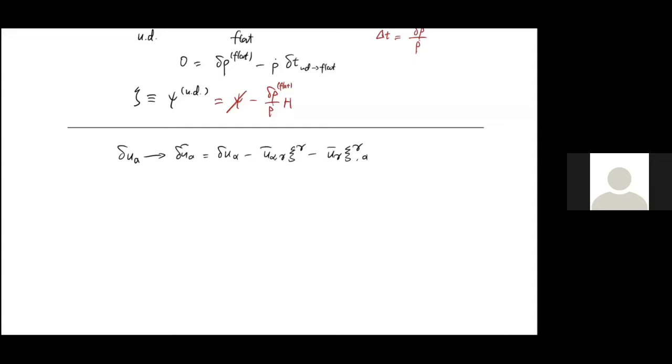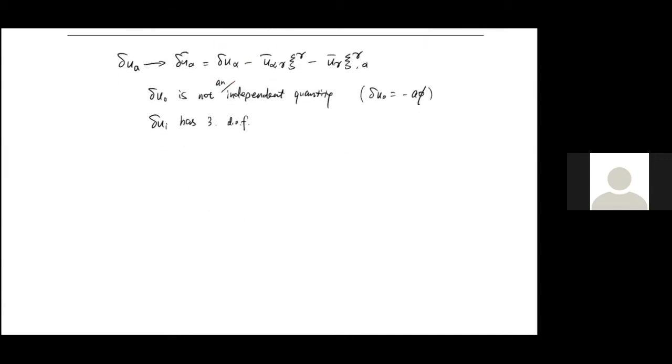Anyway, as we have shown, delta u naught is not independent. But delta u i is, and has 3 degrees of freedom. Let me just write it here. This is because we said this is a minus a phi. We have derived this sometime earlier.